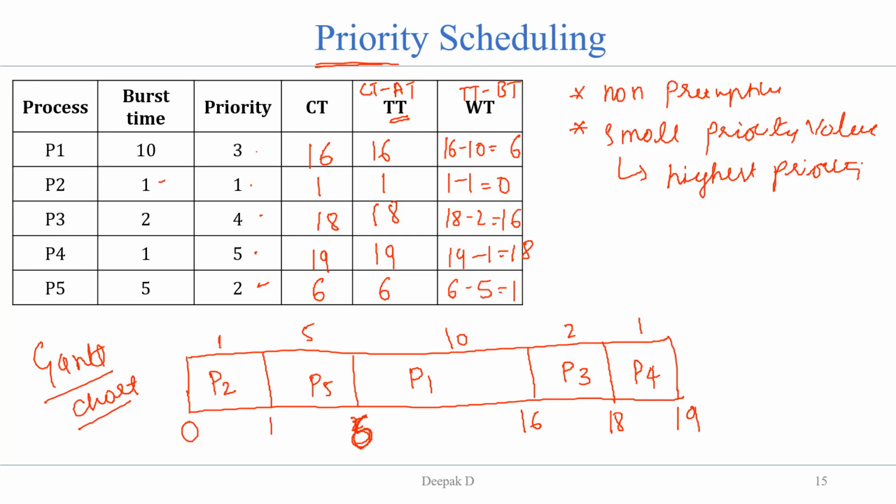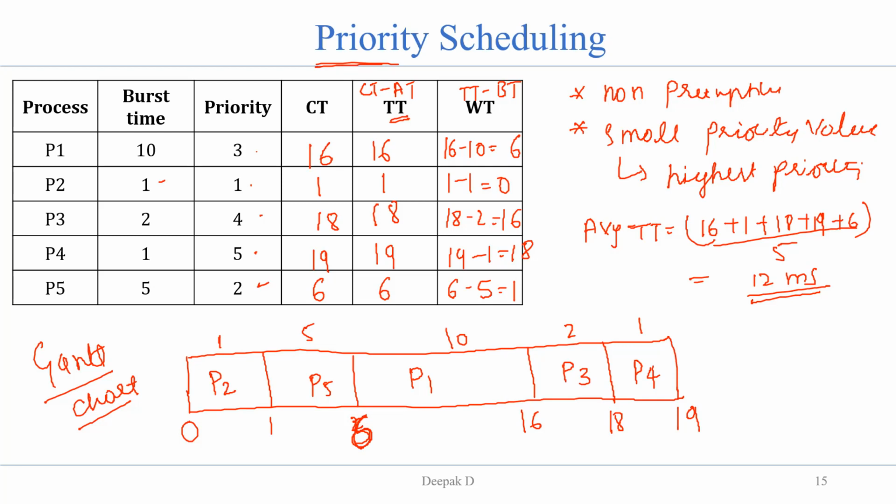So what is the average turnaround time? That is 16 plus 1 plus 18 plus 19 plus 6 divided by 5. You will get 12 milliseconds. That is the average turnaround time.